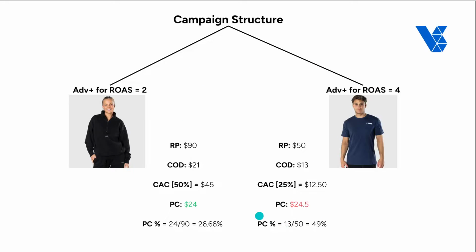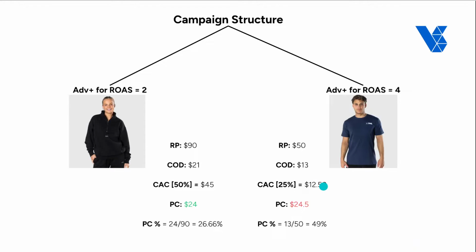And we want to drive higher profit contribution on the t-shirts by going for a 4 return on ad spend. And therefore, we would need to pull this out into its own individual campaign to allow us to have the delineation of return on ad spend goals, as well as the ability for the campaign to optimize and potentially even put in bid caps to enable these ROAS goals to be achieved.